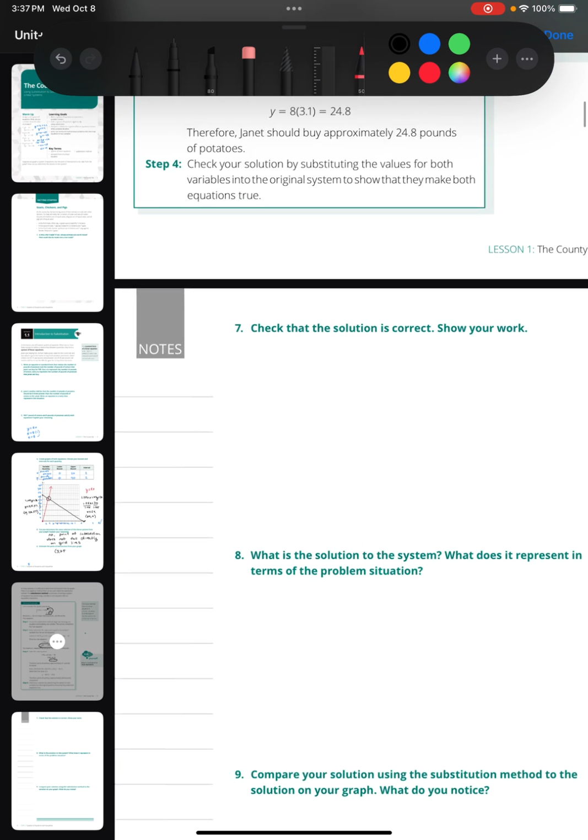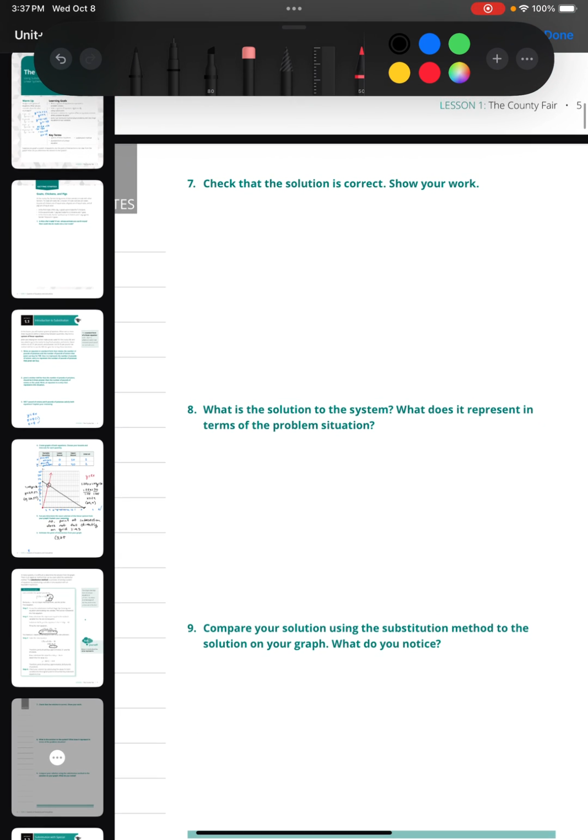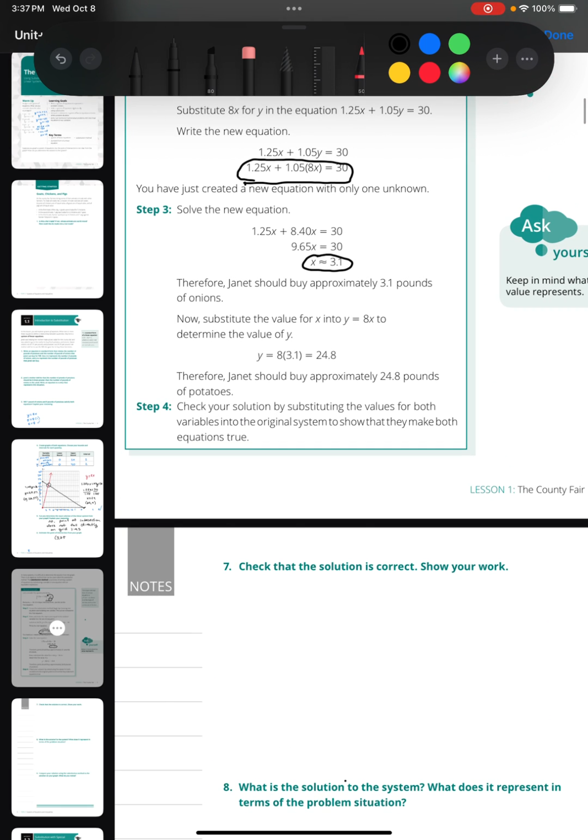So if we go on to the next page, it wants us to check to see if that solution is correct from this worked example. So they got an x of 3.1 and a y of 24.8.